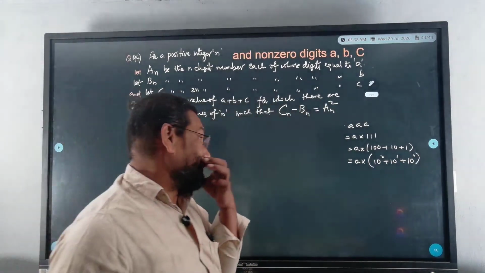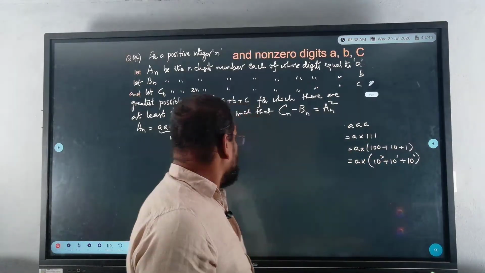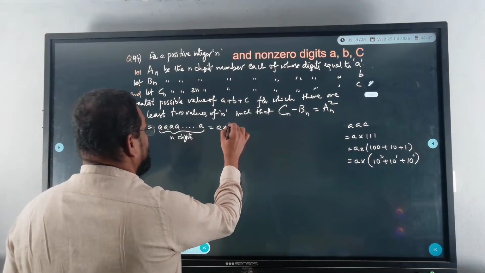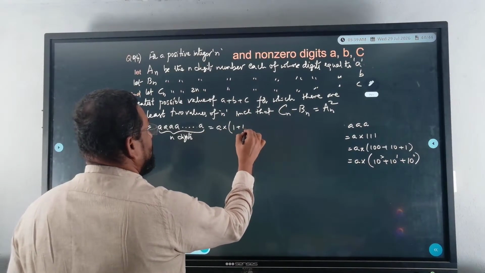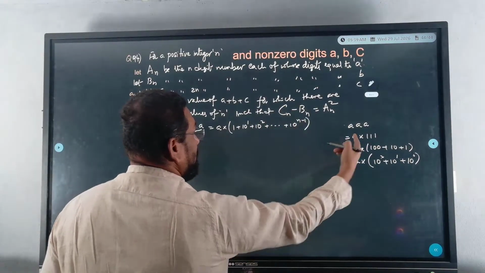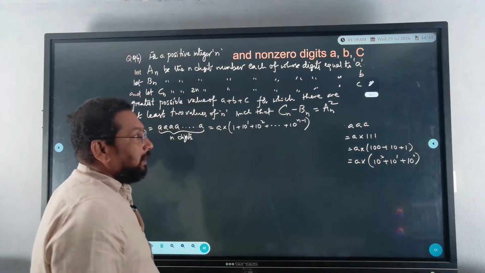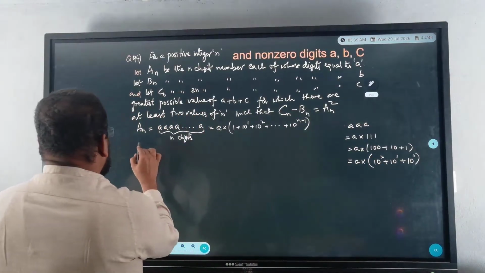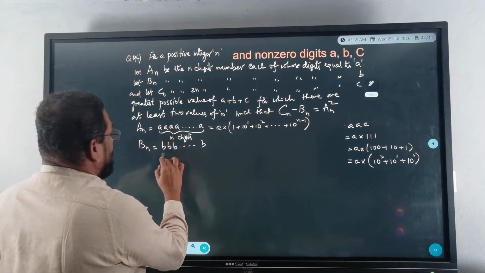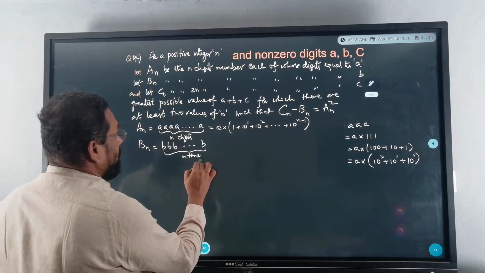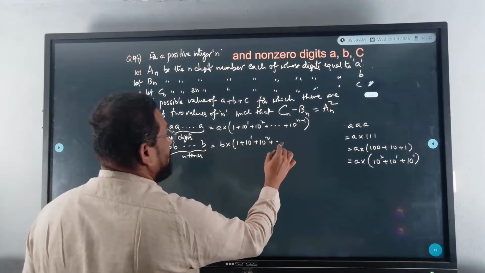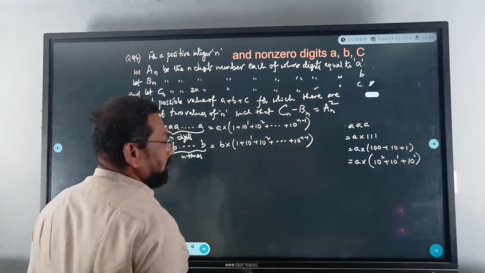See, if 3 a's are there, here it is 2. Here how many a's are there? n. So it can be written as a into 1 plus 10 power 1 plus 10 power 2 and so on plus 10 power n minus 1. The same way bn, and so on, n times: this is b into 1 plus 10 power 1 plus 10 square plus and so on plus 10 power n minus 1.